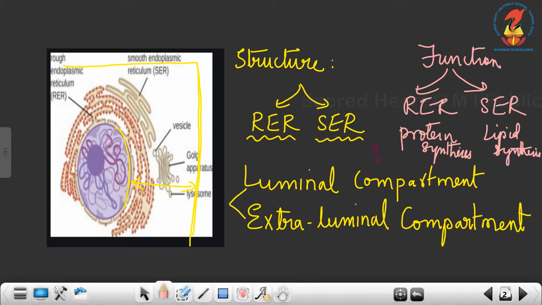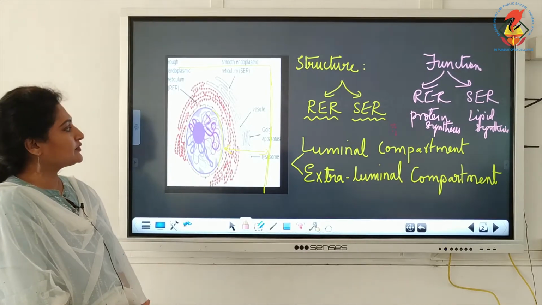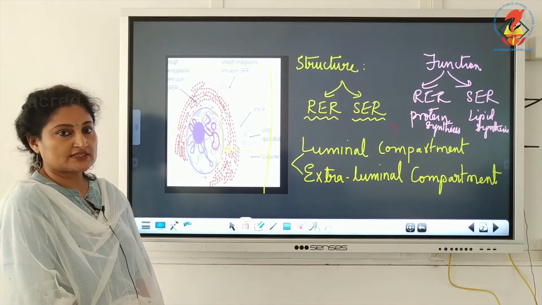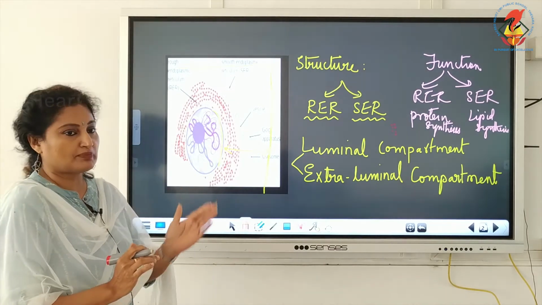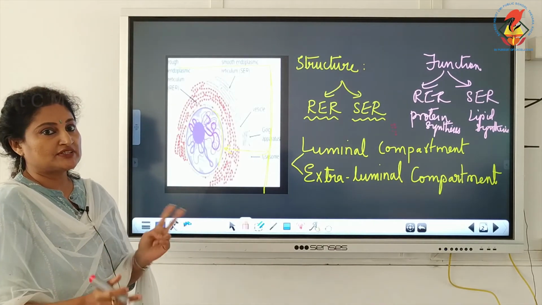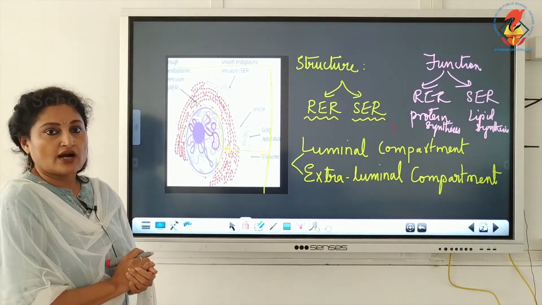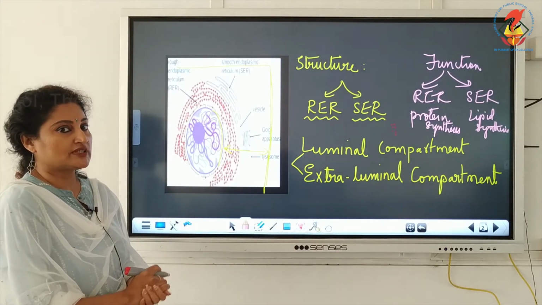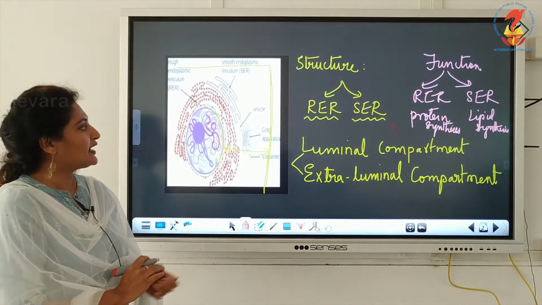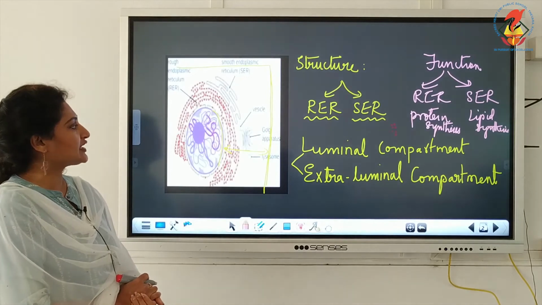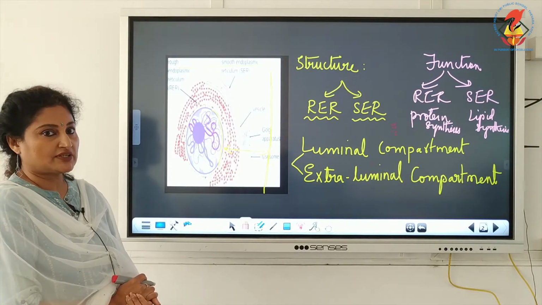That's all. So once again, endoplasmic reticulum, the structure: a network of tubules or reticulum of tiny tubes scattered in the cytoplasm, stretching from the nuclear membrane to the plasma membrane. You can identify two types. The tubes towards the nuclear membrane are associated with ribosomes and are called the rough endoplasmic reticulum, and the tubes away, towards the plasma membrane, are devoid of ribosomes and are called smooth endoplasmic reticulum.